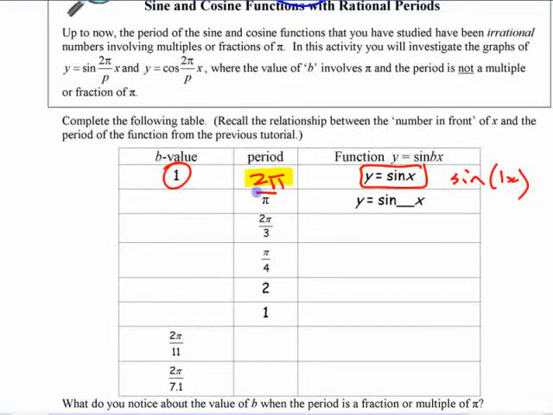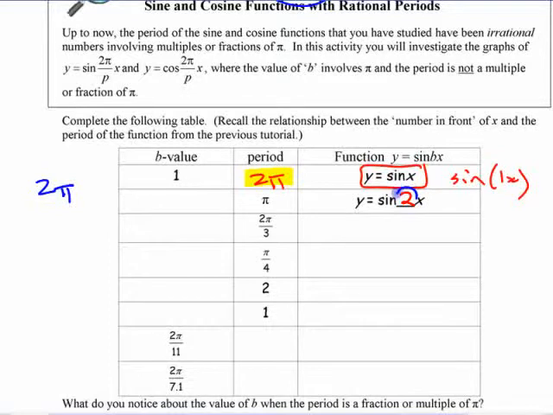If the period is going to be pi, what number has to go in here? Well, the period is half as much, right? So what number has to go in here? Has to be a 2. If you want the period to be half as much, you need to put a 2 in there, right? Just think of it as this, that you start with 2 pi.